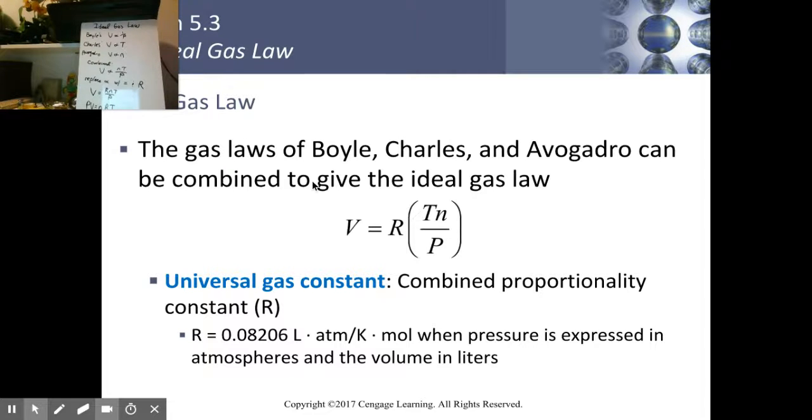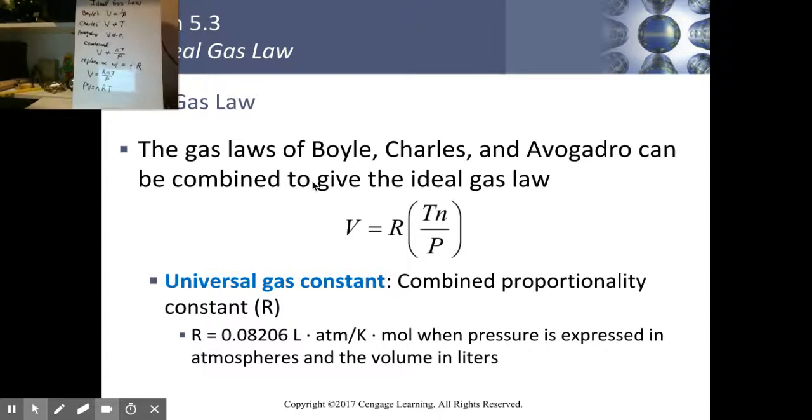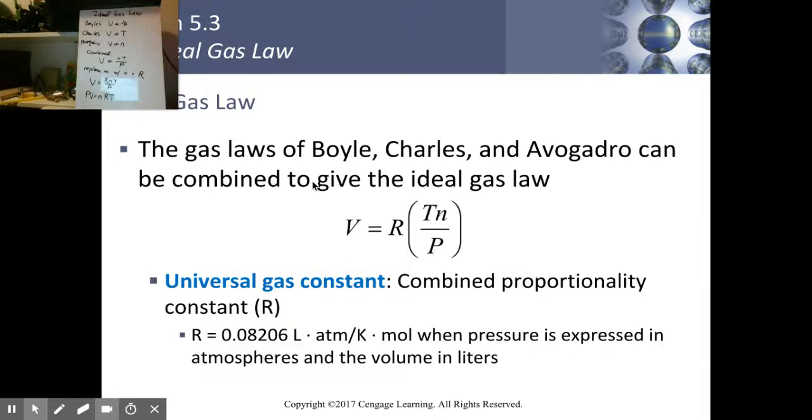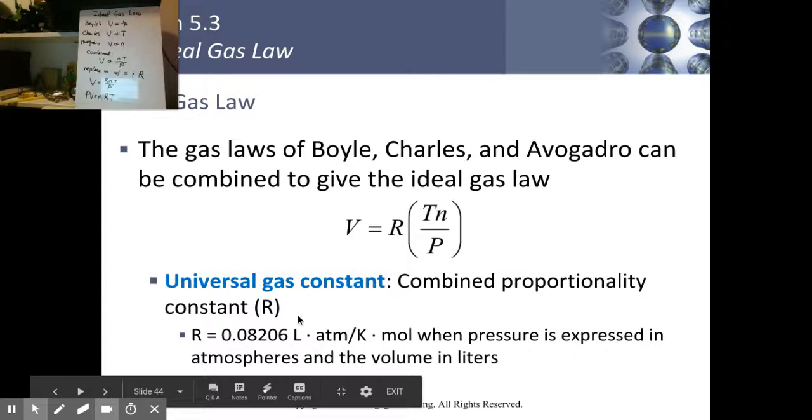If we replace the proportional sign with the equal sign and a proportionality constant known as R, which is also known as the universal gas constant, we are able to solve for any of the variables given 3 of the other ones. We can also rearrange the equation to give us PV equals nRT, which is known as the ideal gas law. Make sure you pay attention to what the value of R is, because there are several different forms of R. It depends on the units which one you're going to use.